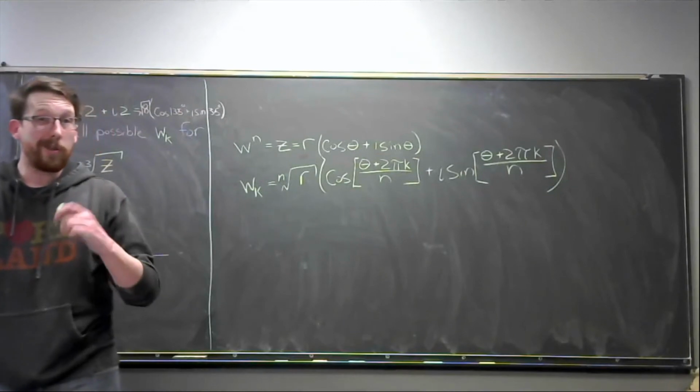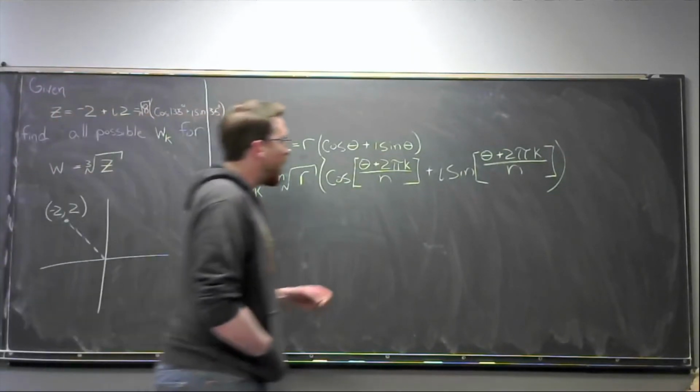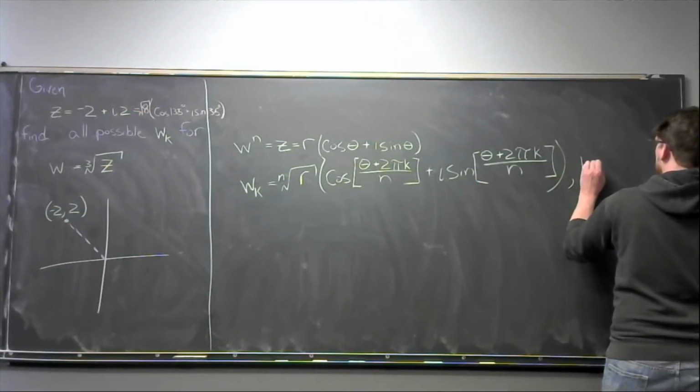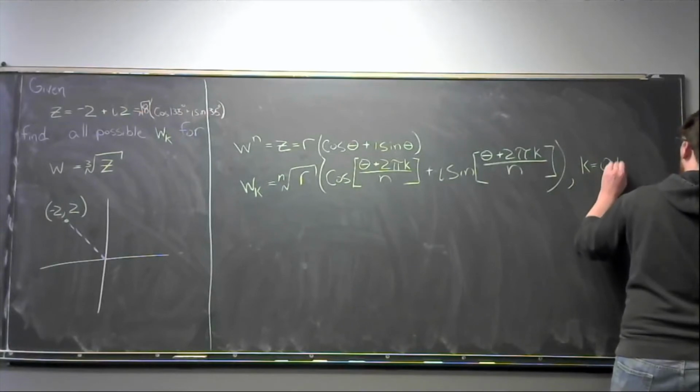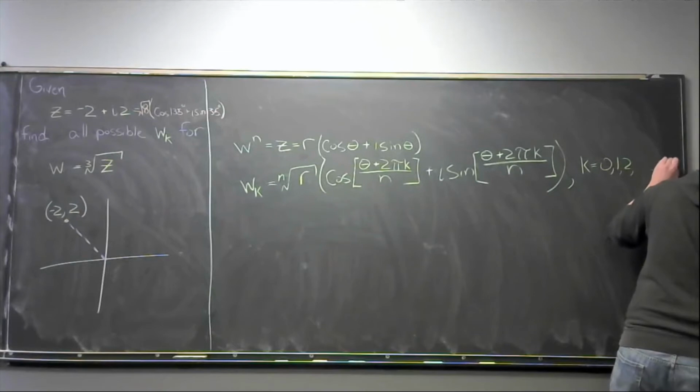These are all the different possible values, right? Where k is equal to 0, 1, 2, etc., up to n minus 1.